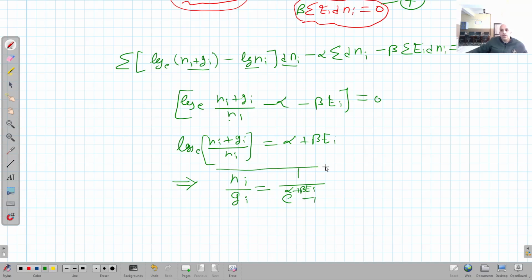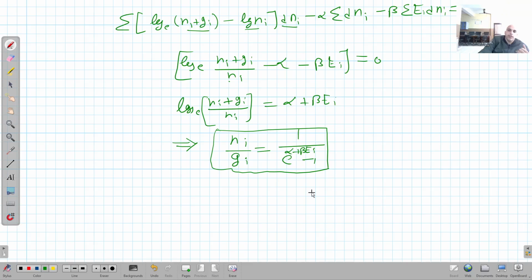So this is the required distribution law that I told you about in the beginning. This distribution law tells us the ratio of the number of particles in the ith compartment to the number of cells, in terms of the energy of that compartment. Ni upon Gi is equal to 1 upon e raised to power alpha plus beta Ei, minus 1.